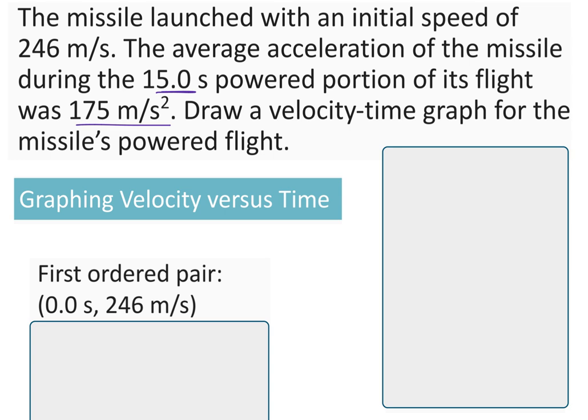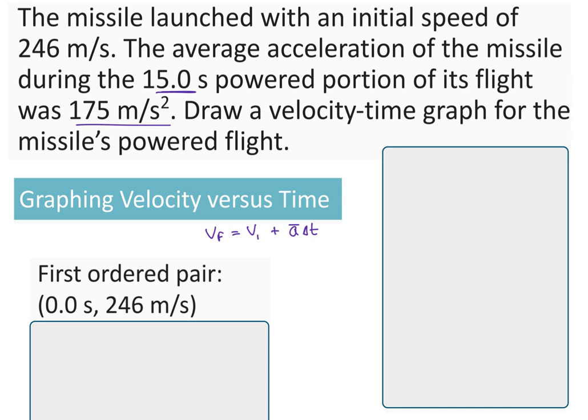What we don't have is your final velocity, but we just did an equation for final velocity. Remember the equation for final velocity? It looked like this: my initial velocity plus my average acceleration times my change in time. In order to draw a graph here, I need my final velocity, my second set of points.